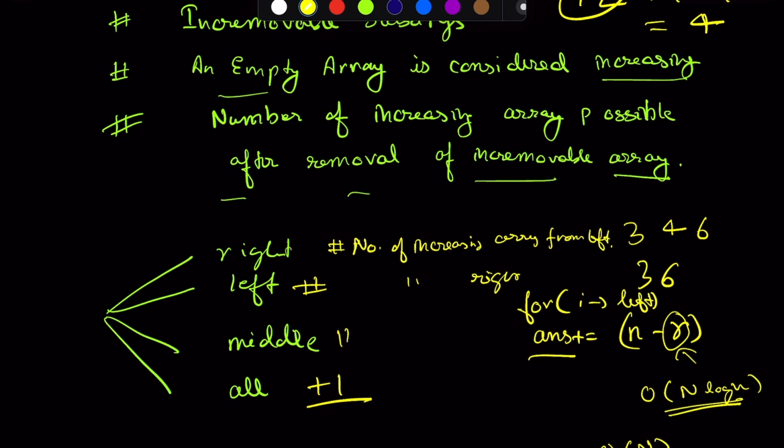If we remove from the middle, we will have to look from left and right and find all possible subarrays. And if we remove all, we can add just plus 1 for an increasing subarray. So now let's look at the code and see how we can implement it.